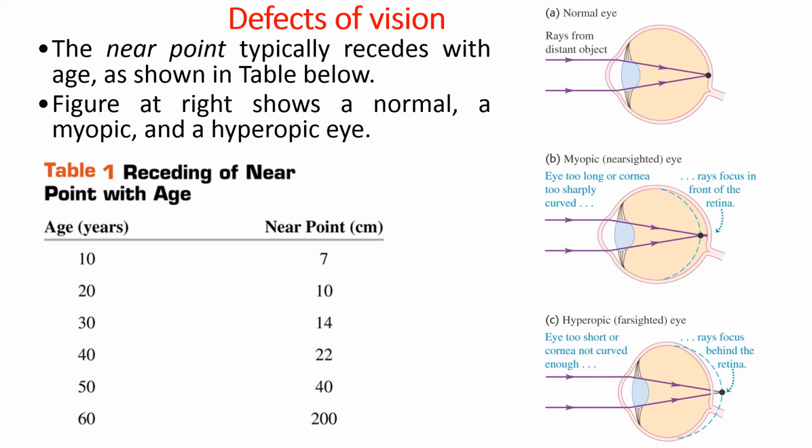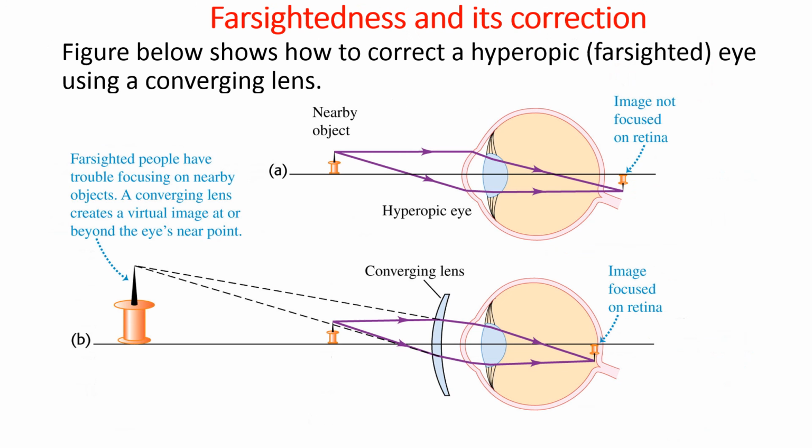To solve myopia and hyperopia, first, for solving farsightedness or hyperopia, there is a need of using converging lenses. A converging lens is given to a person who doesn't focus objects just on the retina, meaning those people who focus objects behind the retina.